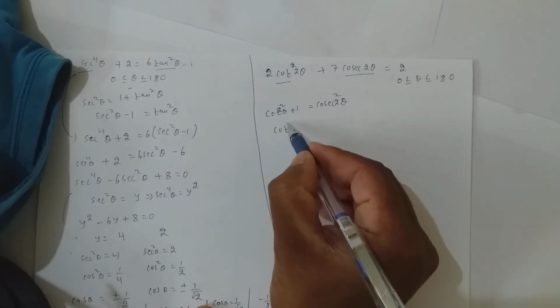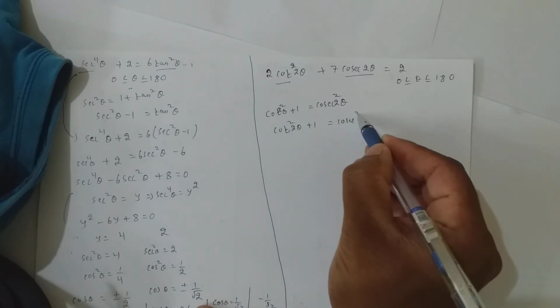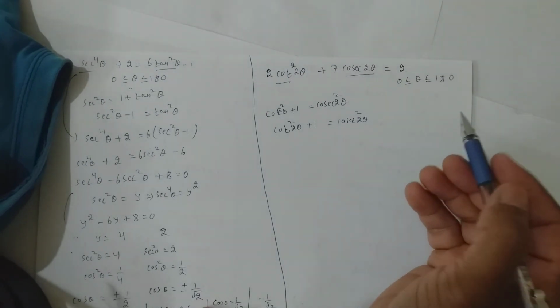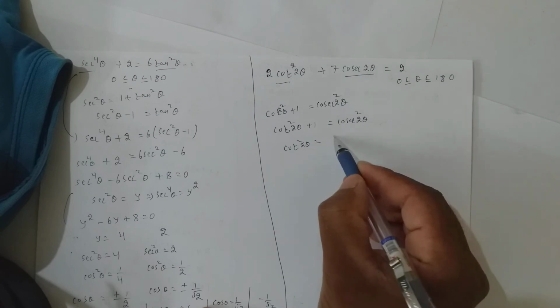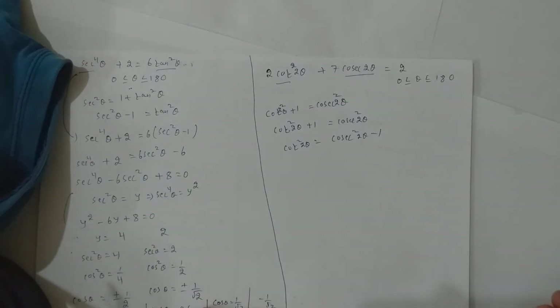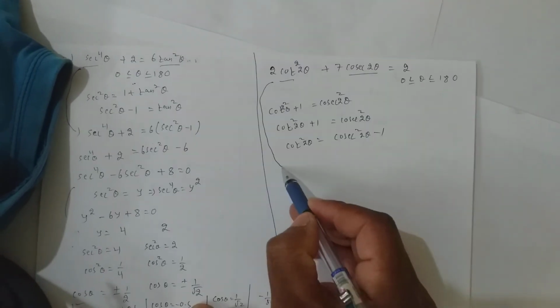What I mean to say is cot square 2 theta plus 1 will become cosecant square 2 theta. So cot square 2 theta is nothing but, send 1 to the other side, cosecant square 2 theta minus 1. Clear? So replace it here.